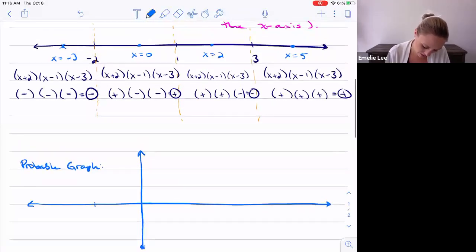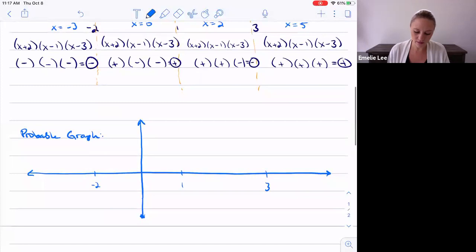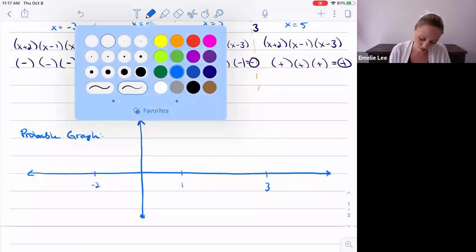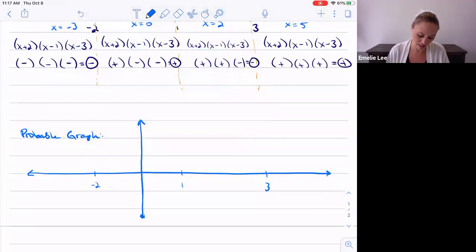And using these cutoff points, -2, 1, and 3, what these results are saying, where it's negative, positive, is, well, if it's negative up to -2, that means all the y's are going to be below the x-axis, which means it might look something like this, coming up from -infinity.